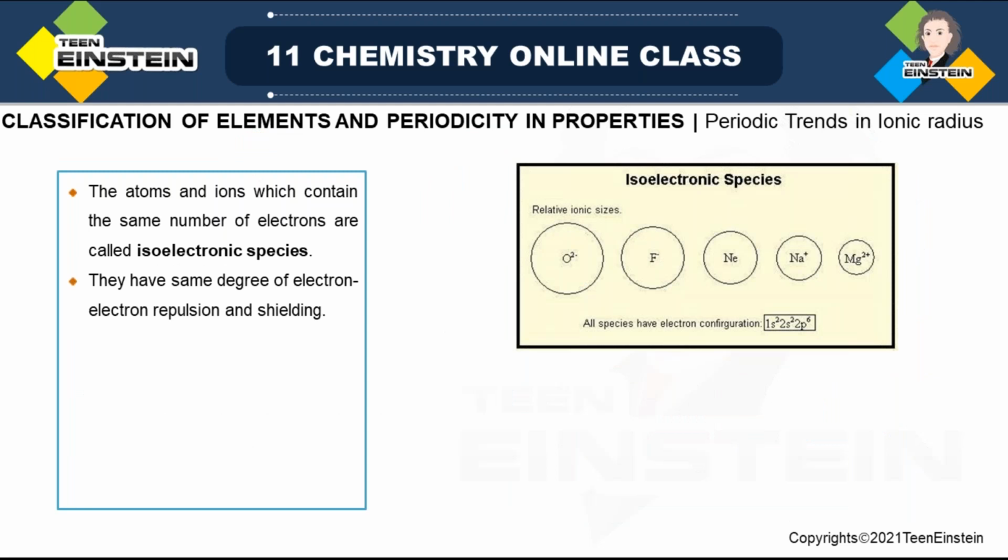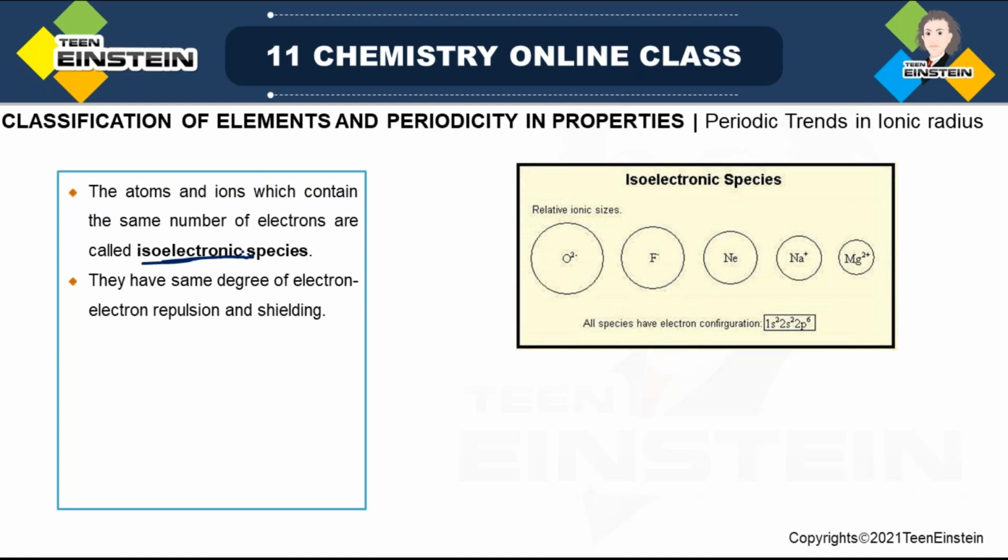Another thing we have to know when we are discussing ionic size is isoelectronic species. You can get questions regarding this. So isoelectronic species, from the name you can understand, the species will have the same number of electrons. When I'm saying species, I mean some cation or anion. It may be a cation, an anion, or a neutral atom, any species.